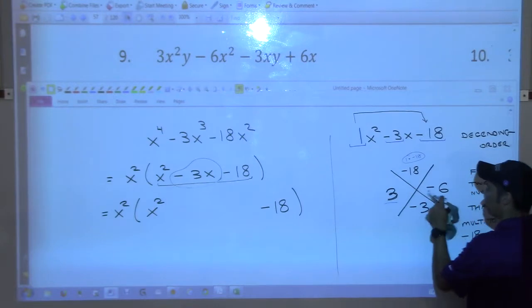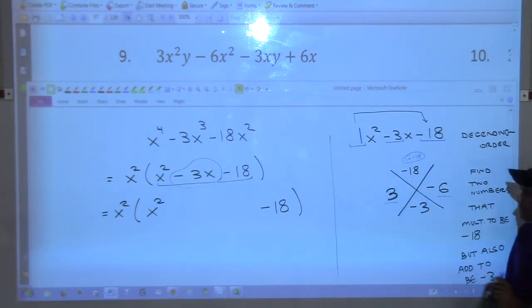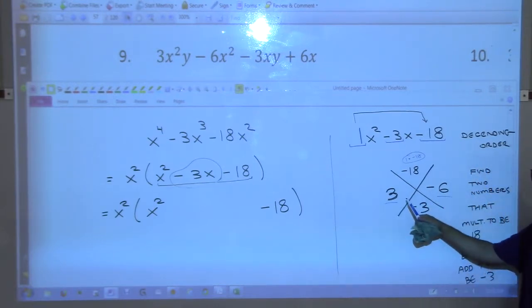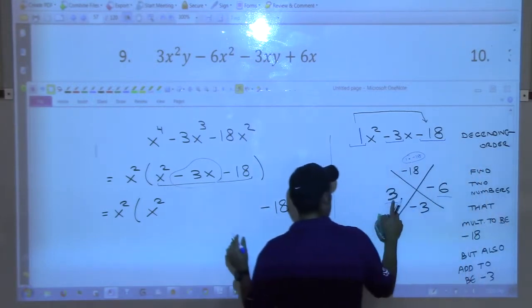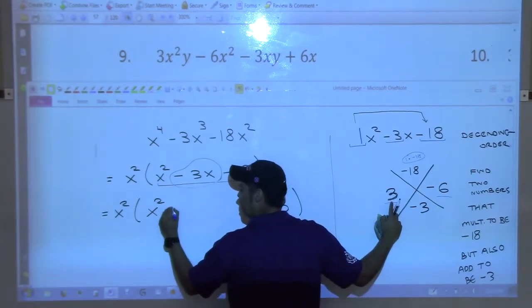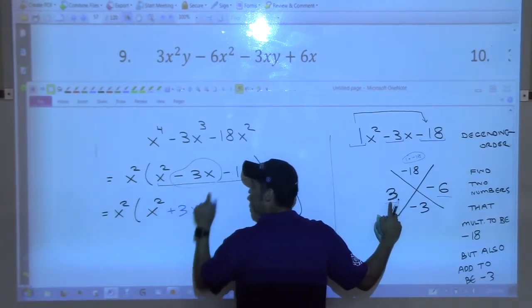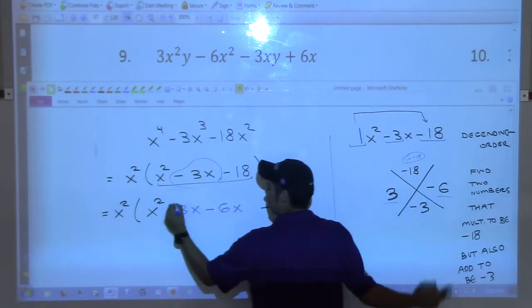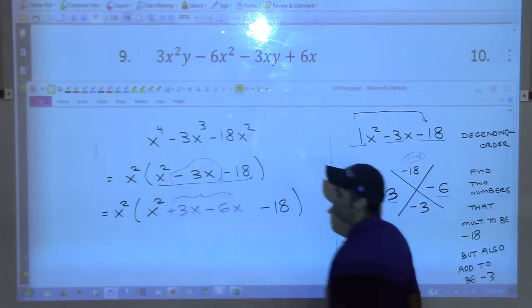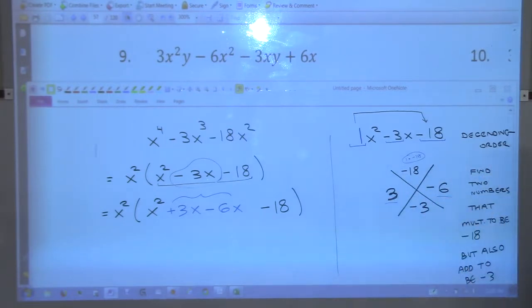numbers that I found. Don't worry about it, just don't fall when you get up. Okay, so I'm going to use these 2 numbers. So I'm going to write them down. Let me just see if you agree with this. Here's 3, so I'm going to put here plus 3x and then minus 6x. So just make sure that you agree with me that that is the same thing as what's above.